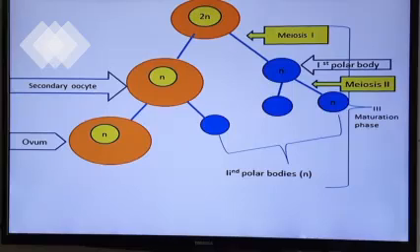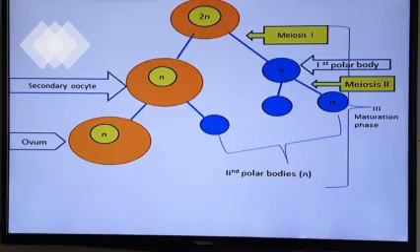In this way, we can observe the process of oogenesis. It is a very simple process. Initially, germinal cells divide and redivide. It forms a number of primary oocytes. Any one primary oocyte undergoes meiotic division and forms a secondary oocyte.